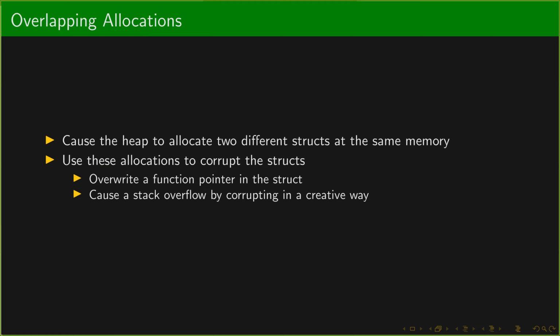Or we just do something more interesting and cause a stack overflow by corrupting the object in a really creative way. So maybe our struct is a string with a length on it or something like that, and we're able to overwrite the length field in this struct. Then we're able to cause a stack buffer overflow, and we just have to exploit things normally.